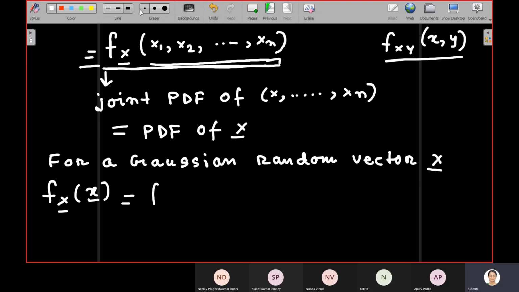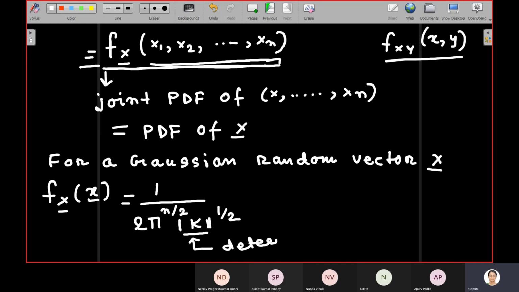I'll give you the final expression. 2 pi. If you write n equal to 1, it will reduce to the expression that I had given earlier. K is the covariance matrix and mod K is its determinant. And then we have the exponential term.